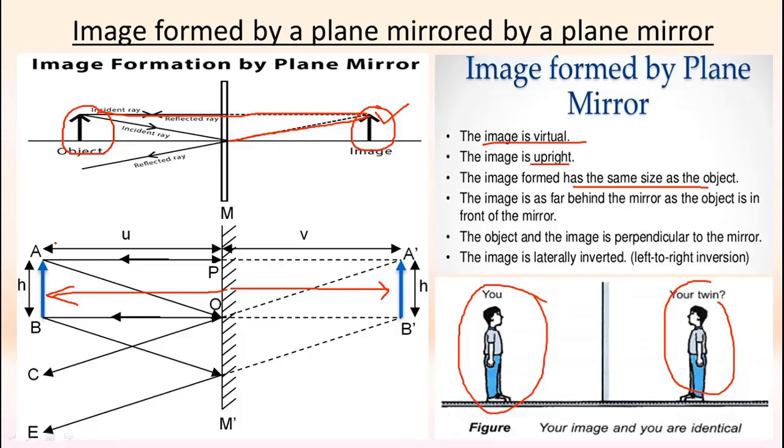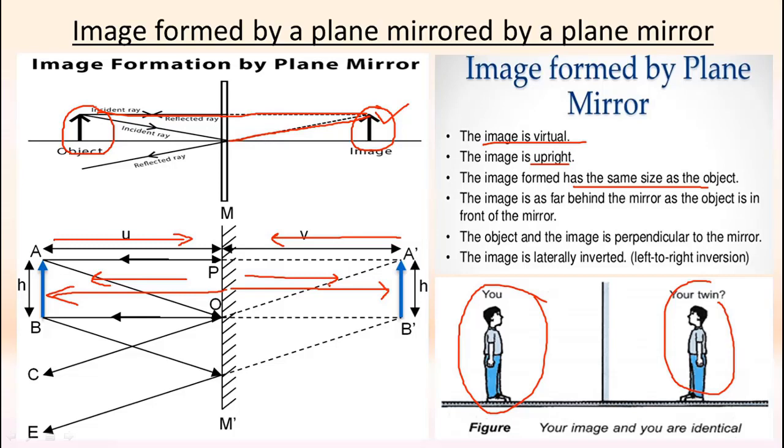So if you come closer to the mirror, you will see that your image is also moving closer to the mirror. In the same way, if you move backwards, the image also goes backward. The image obtained from a plane mirror is laterally inverted, meaning an apparent situation of left as right and right as left.